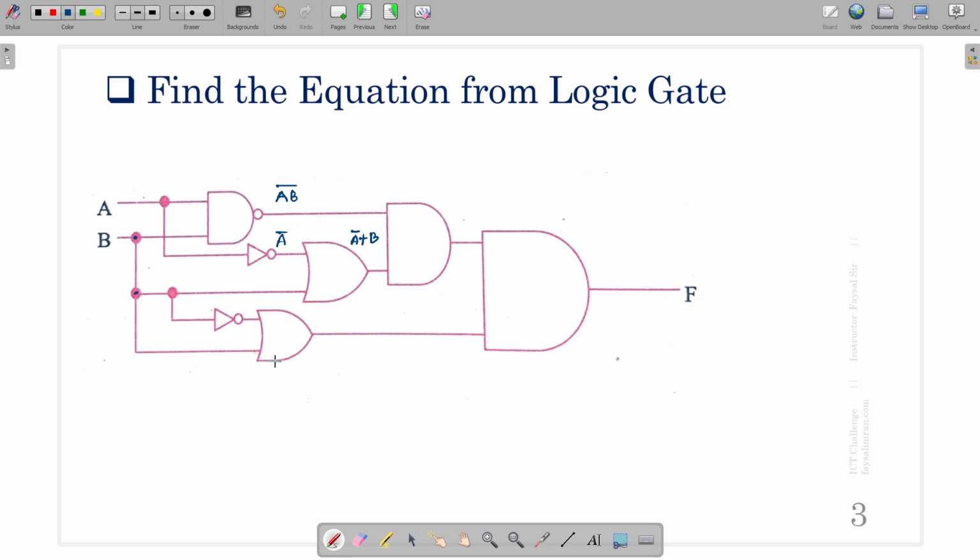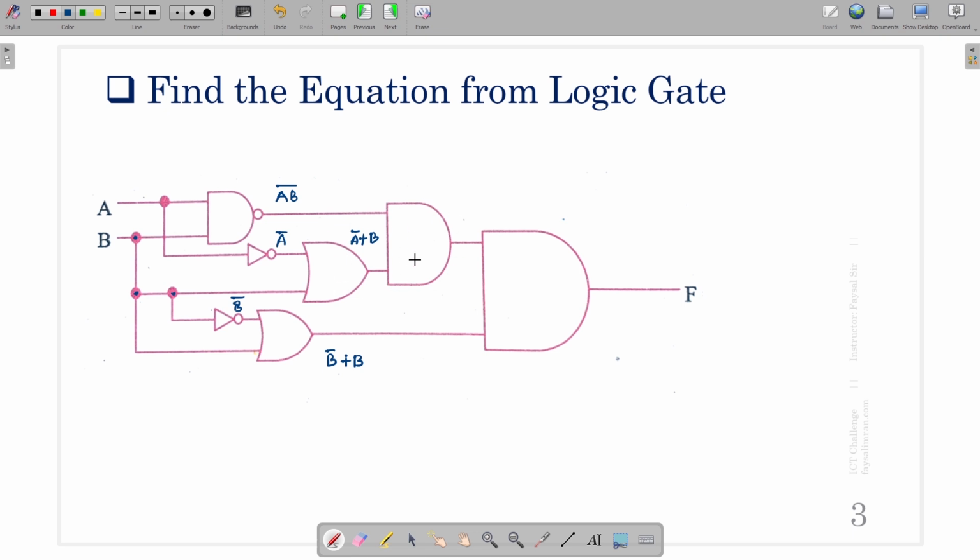Also for this logic gate, this is a NOT logic gate, and here we get the input B, because this connection comes from this, so this input is B, and for this NOT logic gate we get B bar. Then we also have another input, and this input comes from this way, and this is our B, that means we have to add those values, so the value will be B bar plus B. So we find those equations.